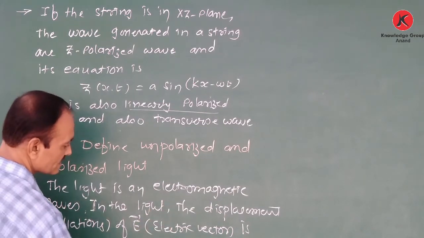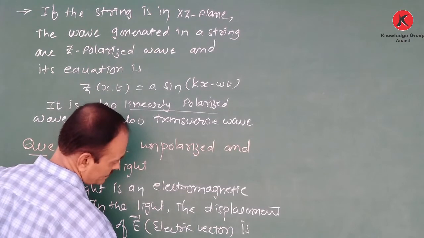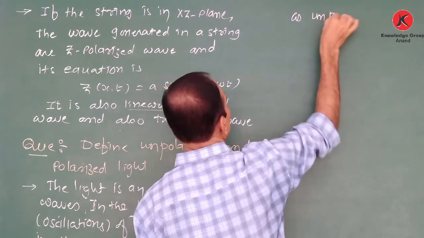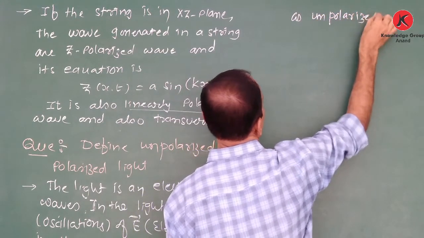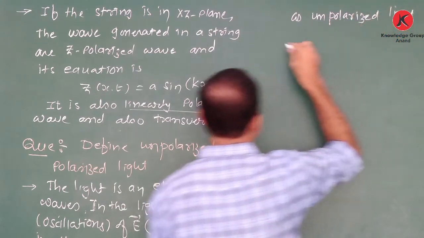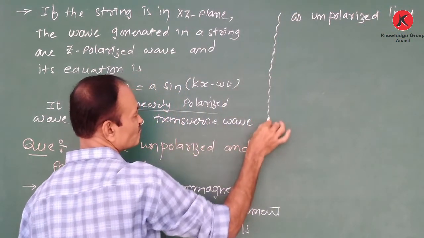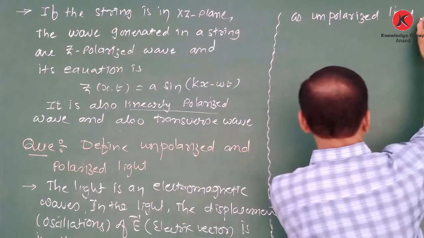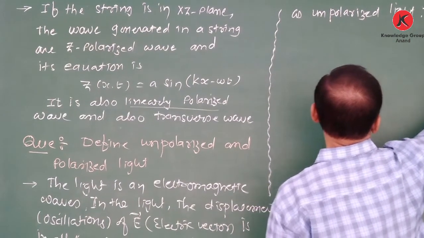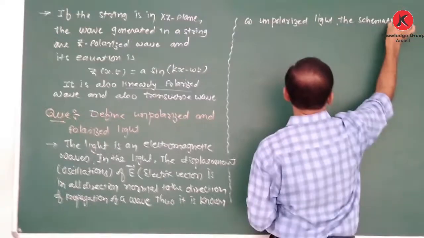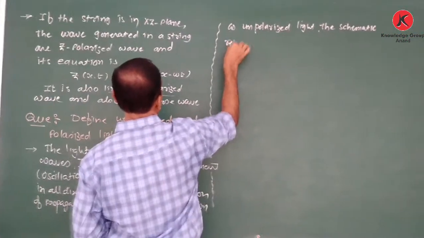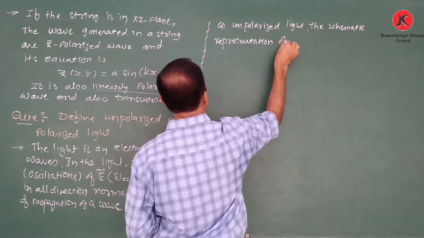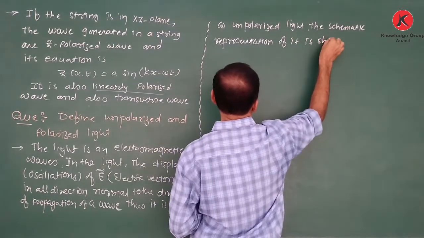Thus, it is known as unpolarized light. The schematic representation of unpolarized light is shown in the figure.